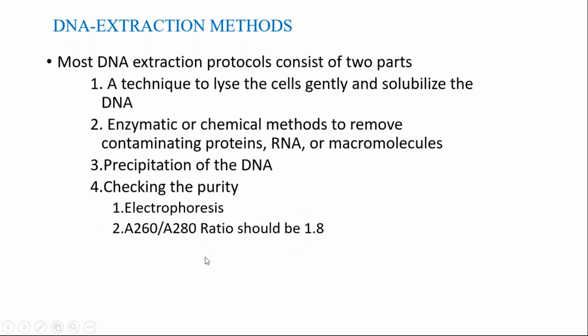If it is less than 1.8, about 1.6 or so, you know that you have protein contamination, because A280 represents the protein and absorbance at 260 represents the RNA in the solution.